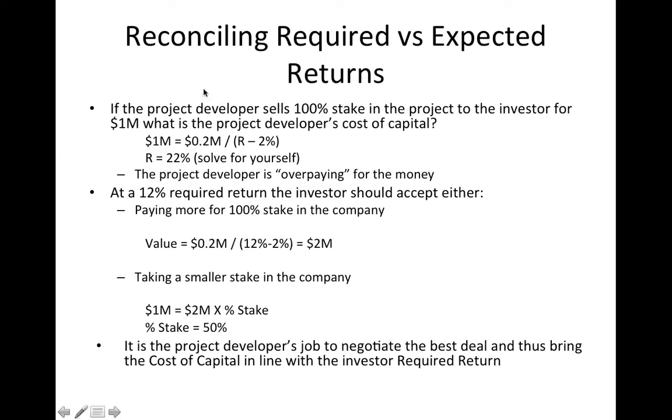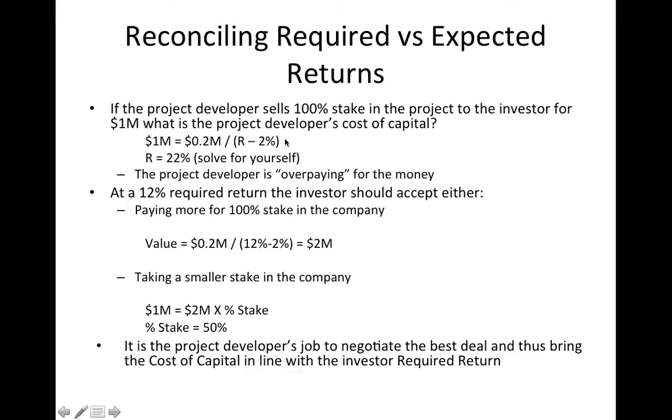Here's the deal. If the project developer sells a 100% stake in the project to the investor for $1 million, then the project developer is basically saying, I will give you, in return for $1 million, $0.2 million, and you're going to discount that at whatever the required return is minus 2%.